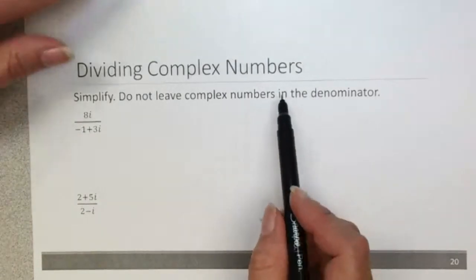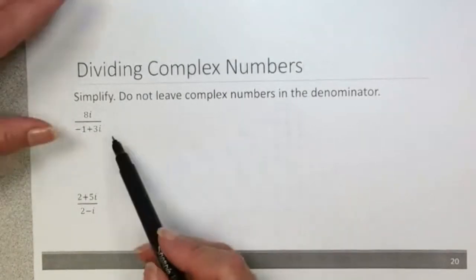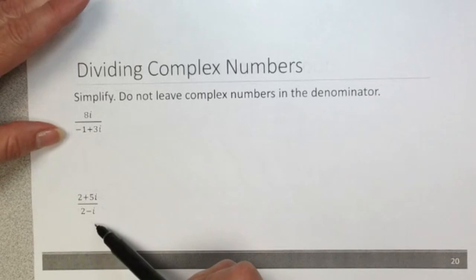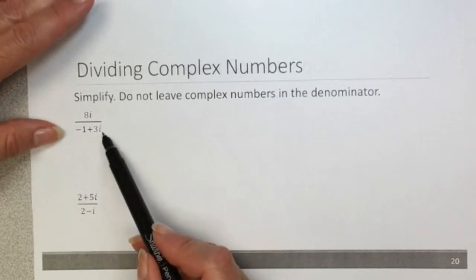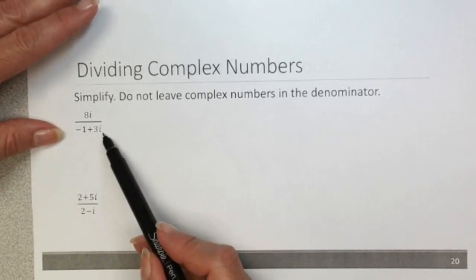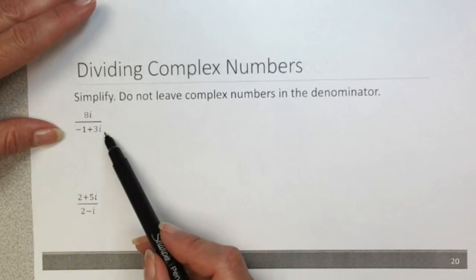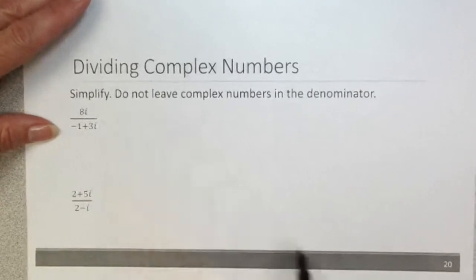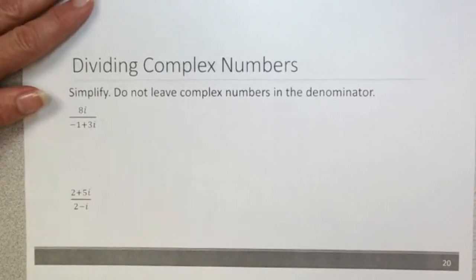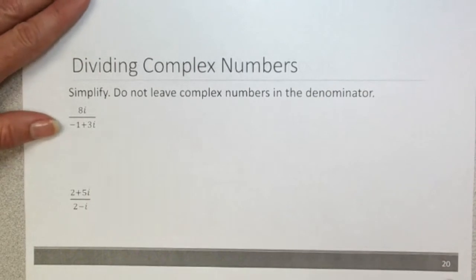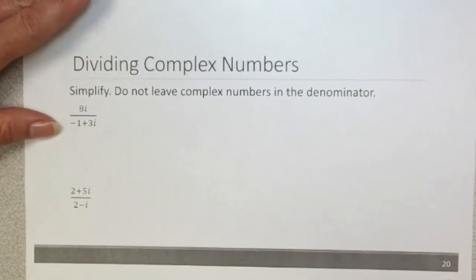Dividing complex numbers involves having an imaginary number in the denominator, and that's not okay, because how do you divide by something that isn't even really a number? The imaginary number is more of a concept. By definition, we said i is the square root of -1, right?